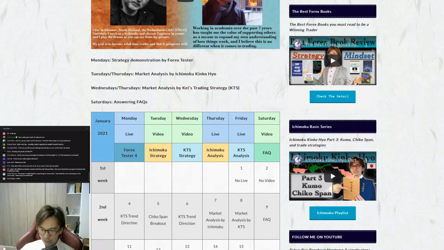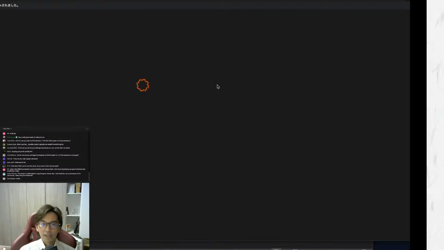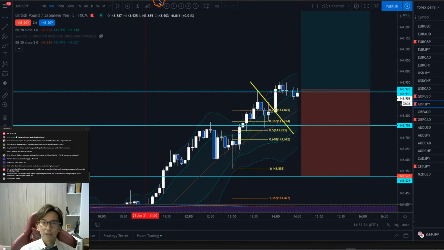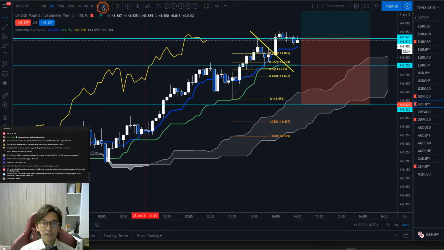Alright, so let's see. With GJ, can you open the monthly time frame? I think the Chikou span is big resistance. Okay, so the GJ monthly chart. Let's check the monthly chart.